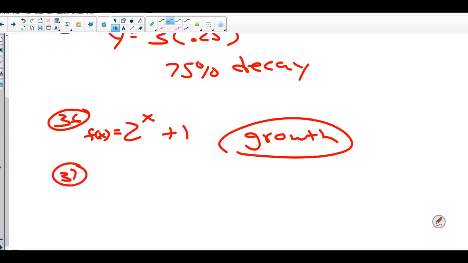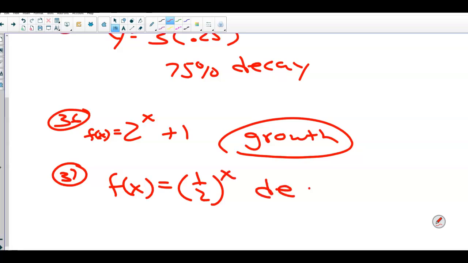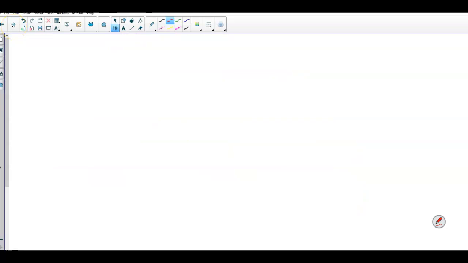Which means if you look at 37, f of x equals 1/2 to the x, that's an example of decay. It's pretty straightforward like that. Number 38.